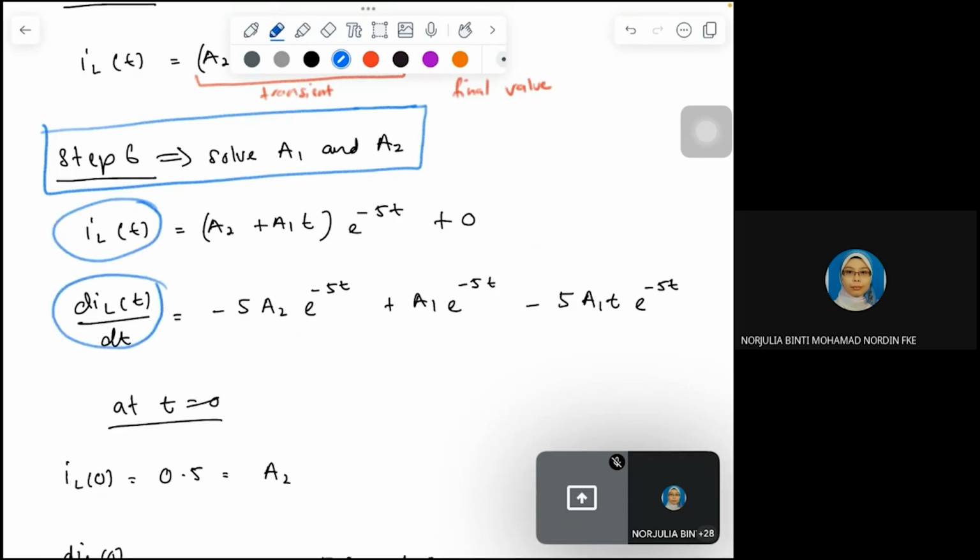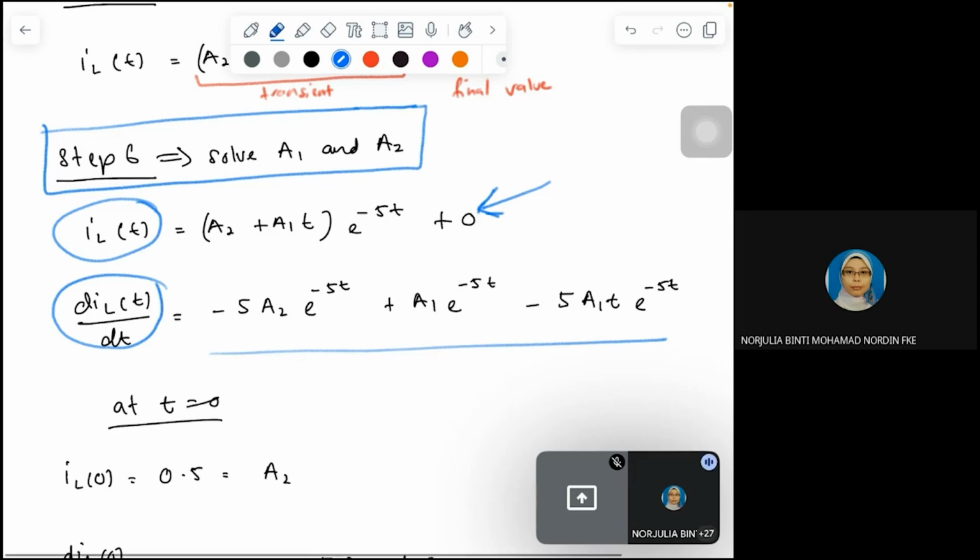We need to have the original transient equation and final value, which is the complete response, IL, equal to A2 plus A1 t times e to the power of negative 5t. And dIL/dt, you need to differentiate this expression to become this.